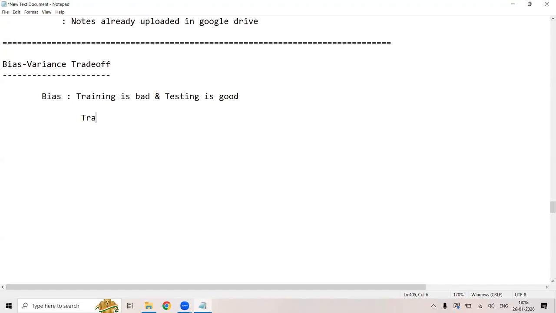Either train accuracy is low when compared to test accuracy, or you are having high train error. Accuracy is low means error is more. High train error is also called bias. This problem we call underfitting.